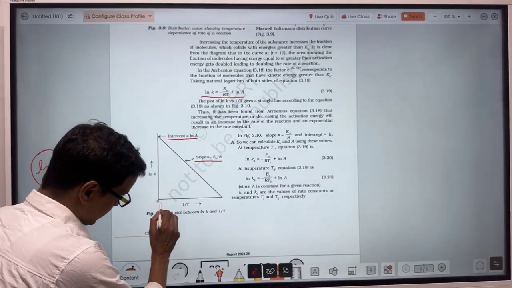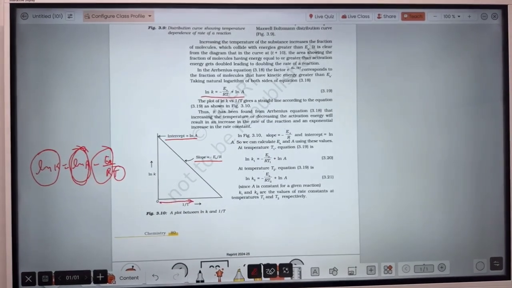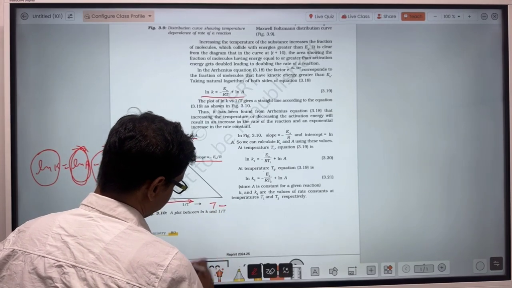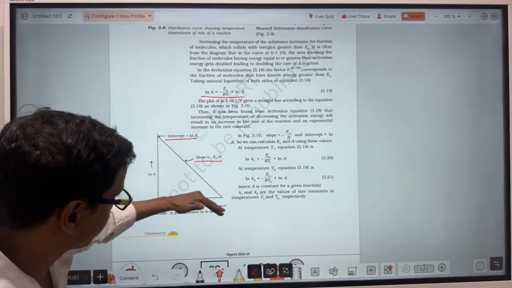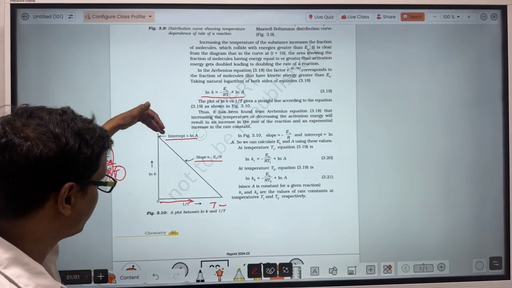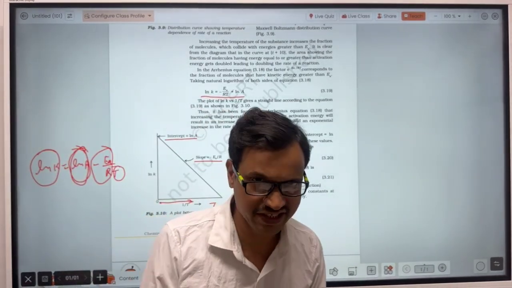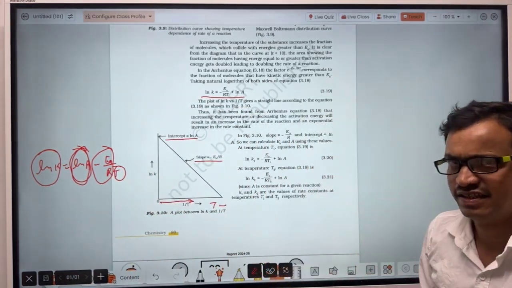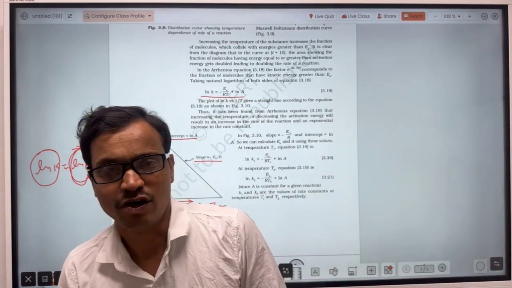Going from left to right, 1 by T is increasing. That means temperature is decreasing. So on decreasing the temperature, the value of log K is decreasing. That means on increasing the temperature, the value of log K will increase, so the rate constant will increase.